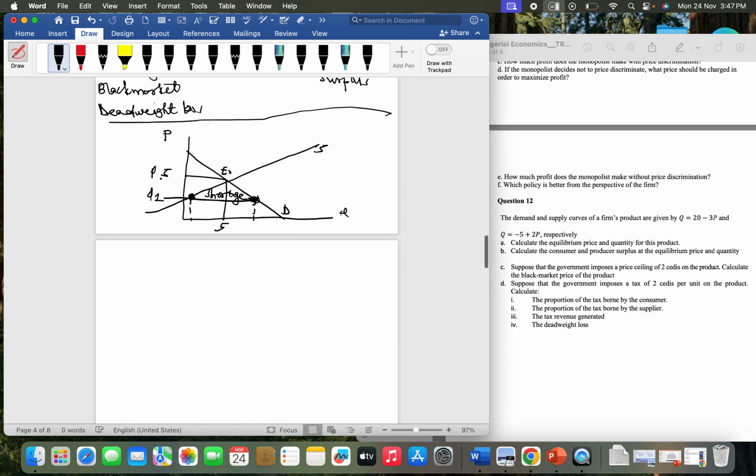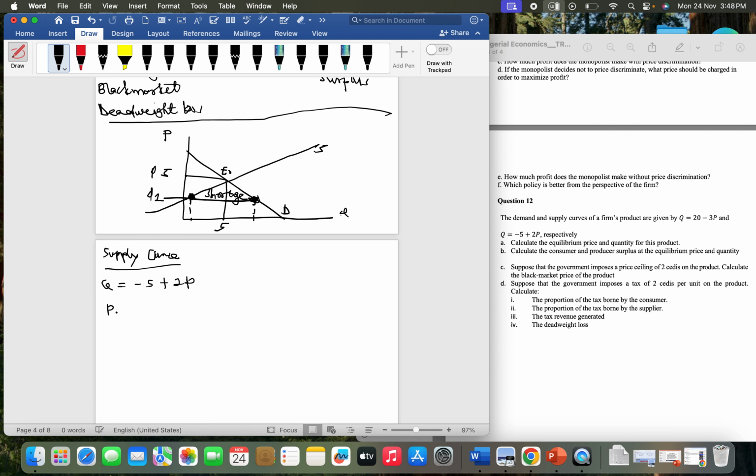So how then do we determine the amount of shortage or surplus? Remember, this curve is a supply curve, and the price ceiling is touching the supply curve. So I have to pick my supply curve. The supply curve was giving us Q equals minus 5 plus 2p.